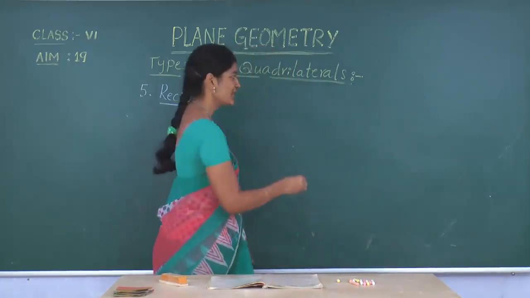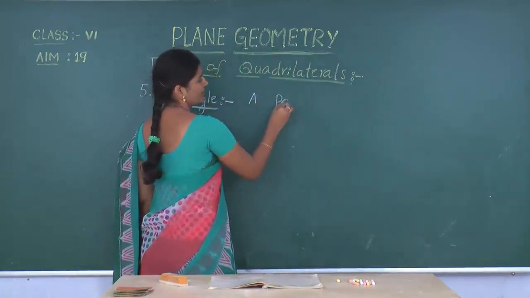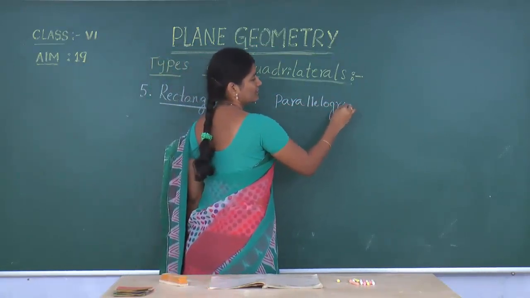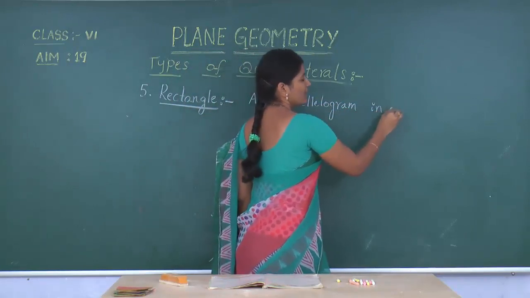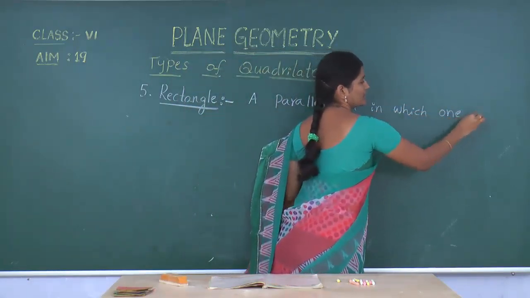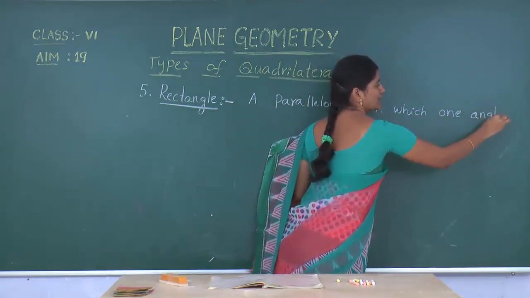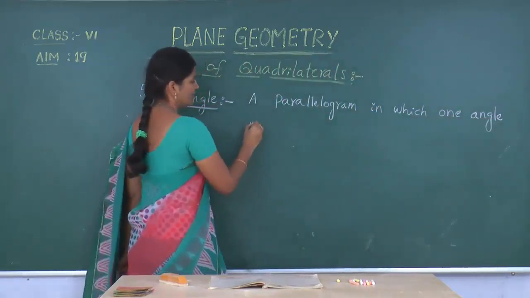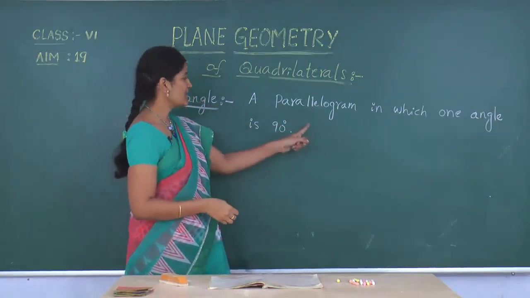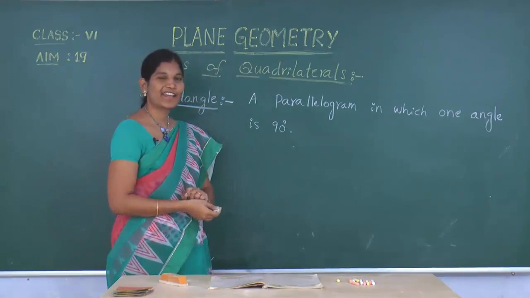A parallelogram in which one angle is 90 degrees is called a rectangle.